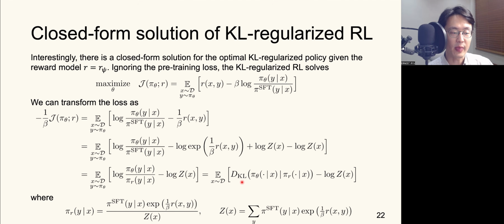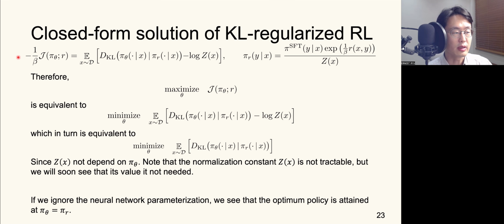So now we have the KL divergence with respect to the distribution on the actions y given the prompt x, and now we need to take an expectation with respect to the set of prompts x. Okay, so we've established this identity: 1 minus 1 over beta times the objective J is equal to this expectation of KL divergence minus log z, where this pi sub r is defined in this way.